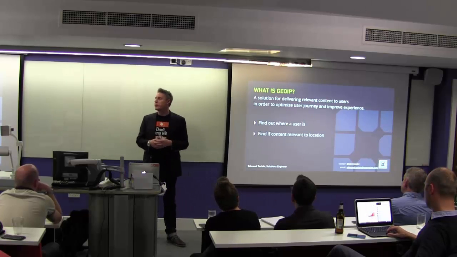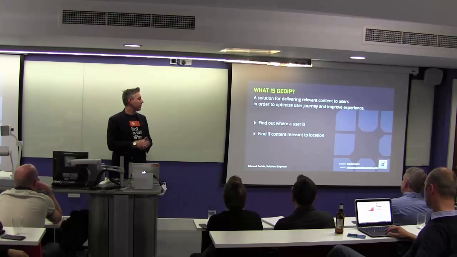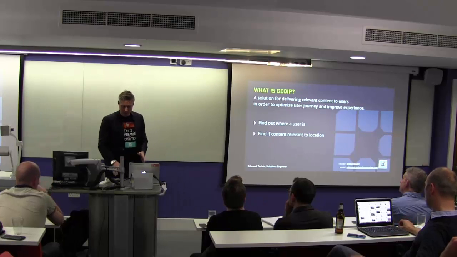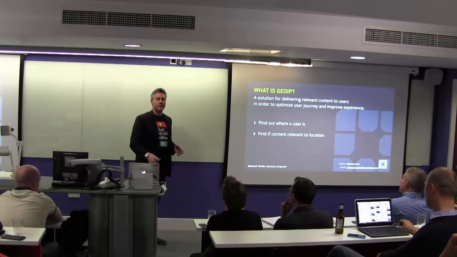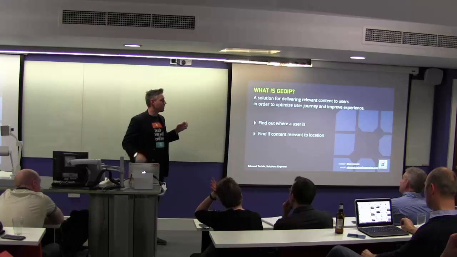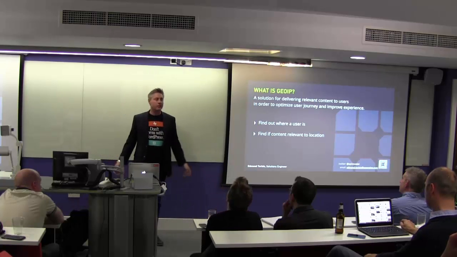This is very important because sometimes there's going to be global content that's the same for everyone, so sometimes you won't have specialized content. GeoIP allows you to specify a certain user set that has access to different content, but it keeps everything on the same URL. So you're going to be on the same page as everybody else, but you may see something different depending on where you are.